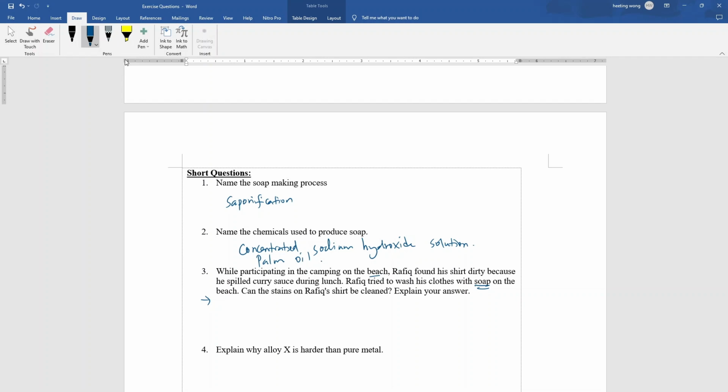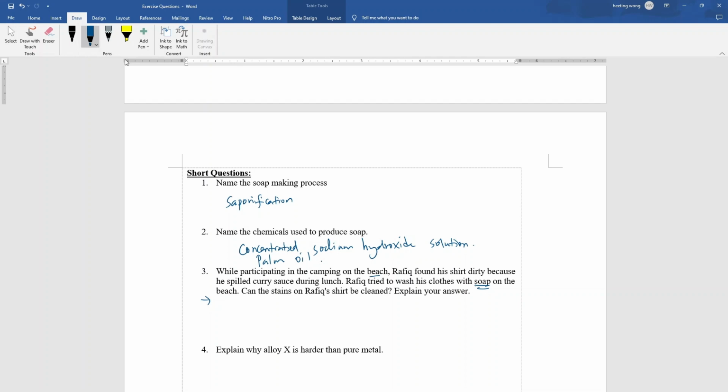So soap reacts with calcium ions and magnesium ions to produce scum. So this is how you explain.